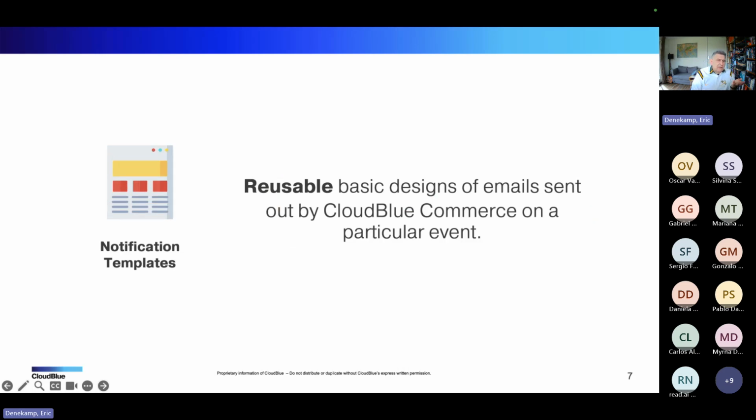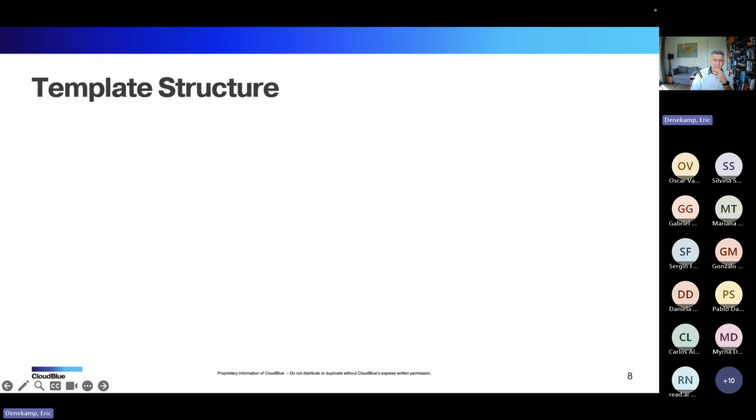So first of all, what is a notification template? Basically, a reusable design of the emails on a content basis, using placeholders in that template for the system to replace with the actual information from the customer. So what do we put in such a template?